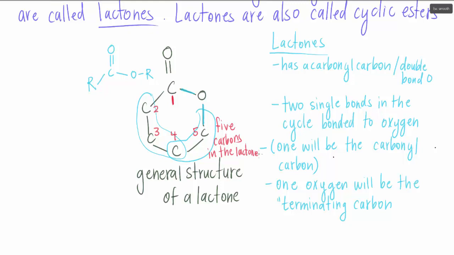So this has to be the structure of a lactone. We have to have a cyclic ring. We have to have one of the oxygens bonded to the carbonyl carbon, and the terminating carbon, and you'll see what I mean by that when we look at carboxylic acids.